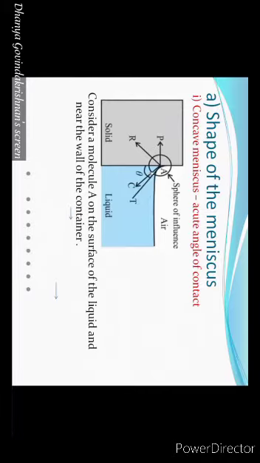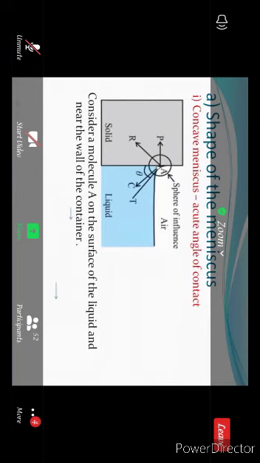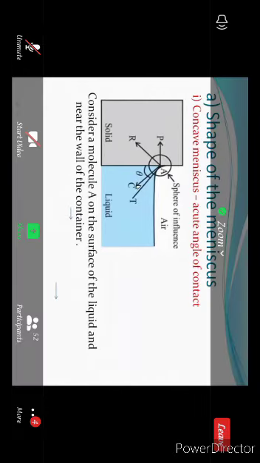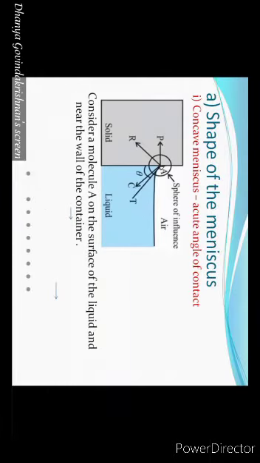Next is the cohesive force between liquid molecules. That force is represented by vector AC, and this acts within the liquid. Now we have two vectors, AP horizontally inside the solid and AC inside the liquid.